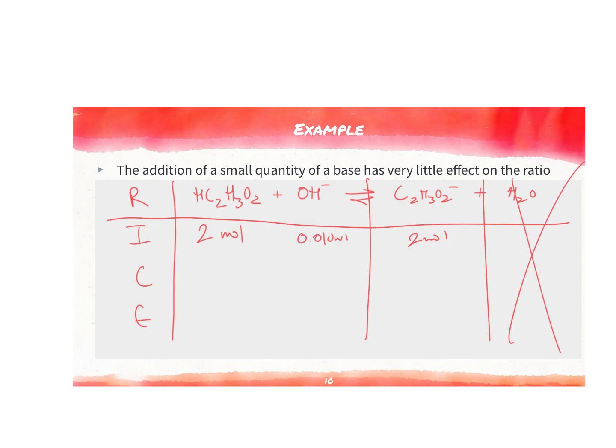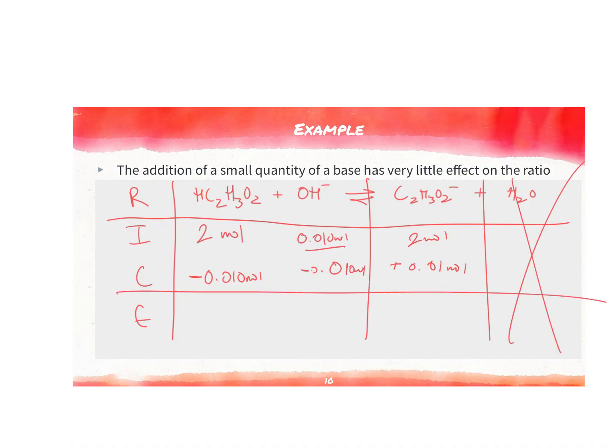Change. Well, I know that I've added this many moles of sodium hydroxide. That's going to react with my acetic acid, and so it's minus 0.010 moles. Minus 0.010 moles, because I've used up all my sodium hydroxide. And on the right side of the reaction, I've added 0.01 moles.